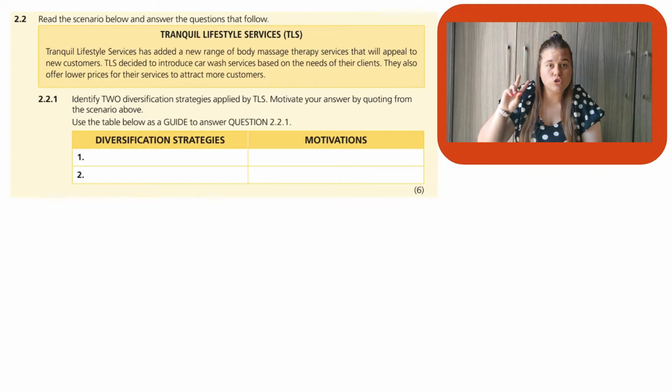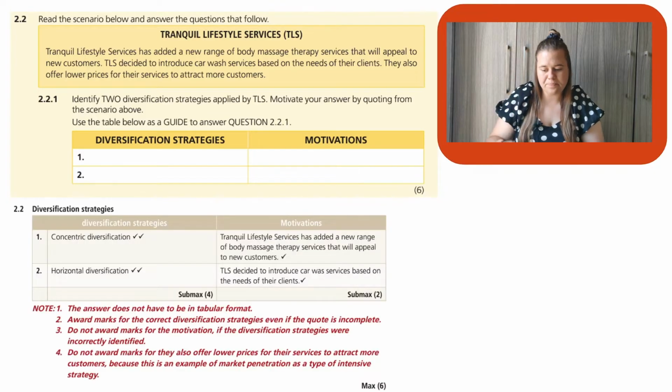So when you look for 2 diversification strategies, the first one we have is concentric diversification and the second is horizontal diversification. Okay, concentric, and then our motivation by quoting is: Tranquil Lifestyle Services has added a new range of body massage therapy services that will appeal to new customers.